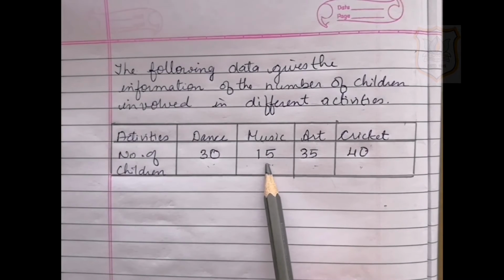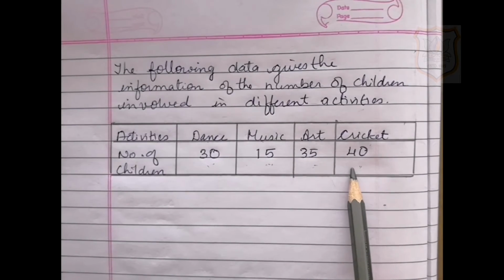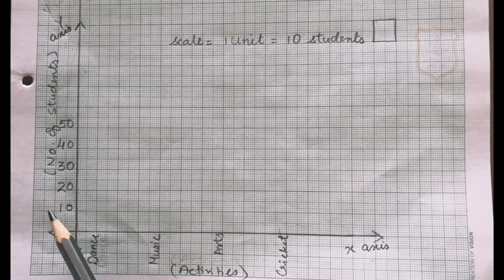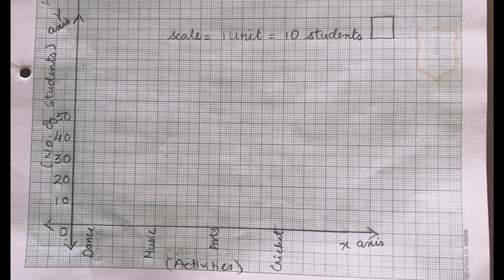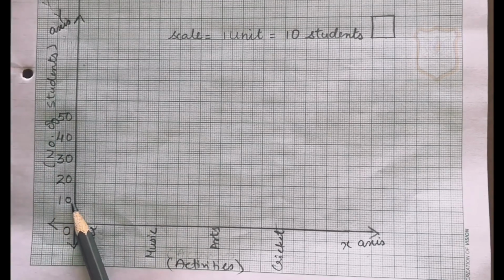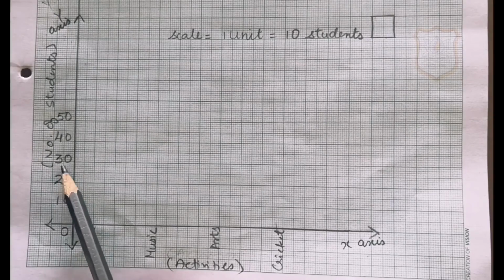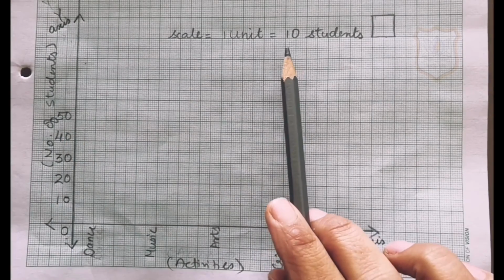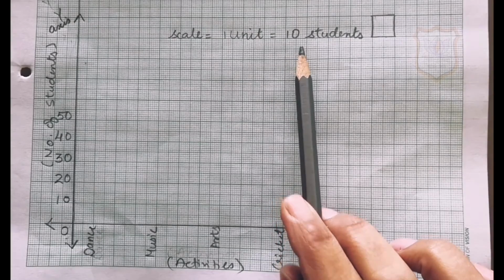The lowest value is 15 and the highest value is 40. Here on the y-axis, number of students are given. So on this first line we will write 10, then 20, 30, 40 and 50, as 1 unit equals 10 students.